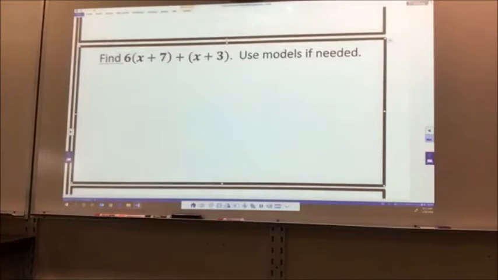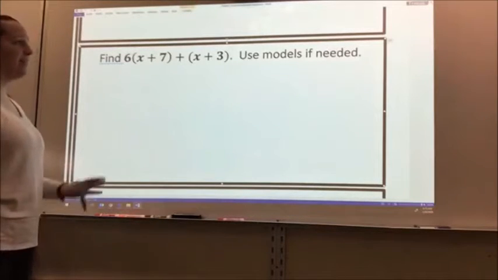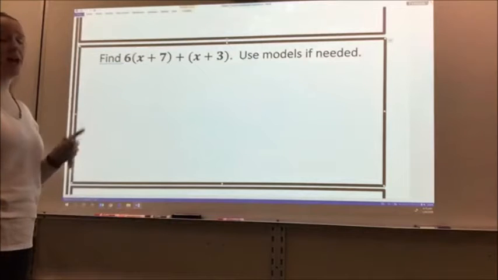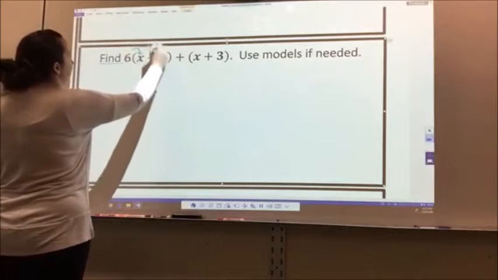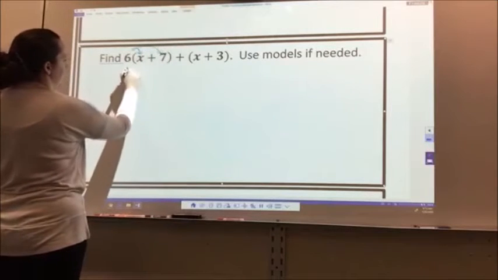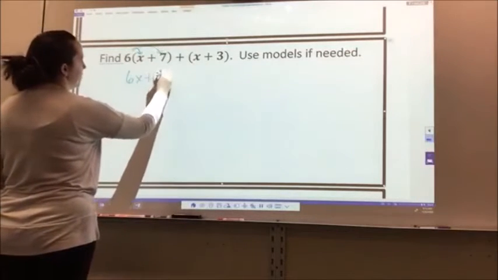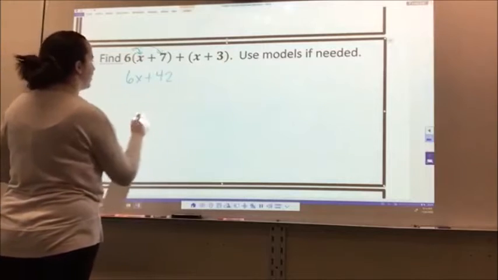All right, then I have find 6 times the quantity x plus 7 plus x plus 3. Use models if needed. So I'm going to go ahead and use the distributive property first, and then I'm just going to add. I'm not actually going to use models for this one. Okay? So I have 6 times x and 6 times 7, which gives me 6x plus 42, and then x plus 3.